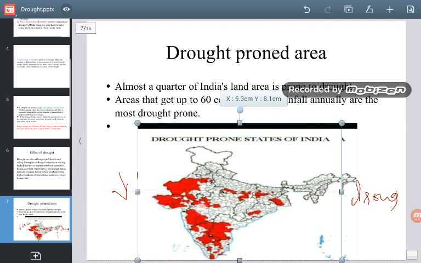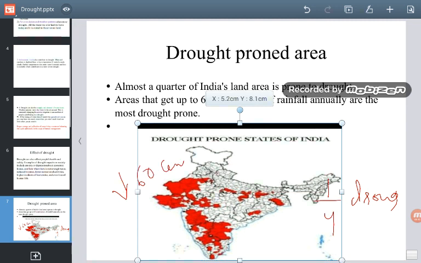So here you can find out part of Rajasthan, as well as certain part of Maharashtra, certain part of Andhra Pradesh, certain part of Karnataka, certain part of the south, certain part of West Bengal, Orissa, certain part of Bihar. These are the certain parts which are prone to the drought.